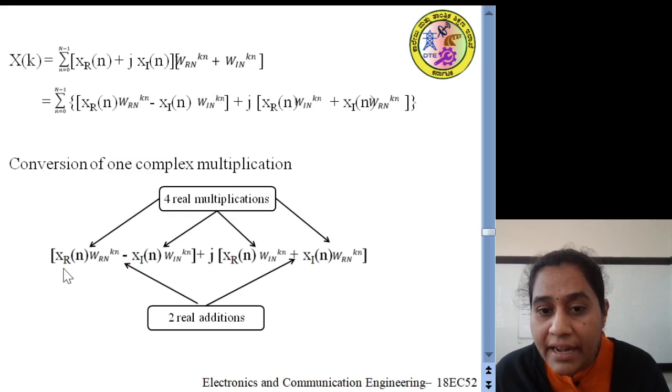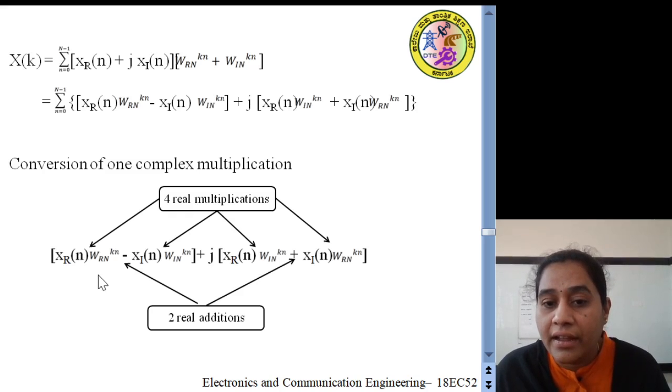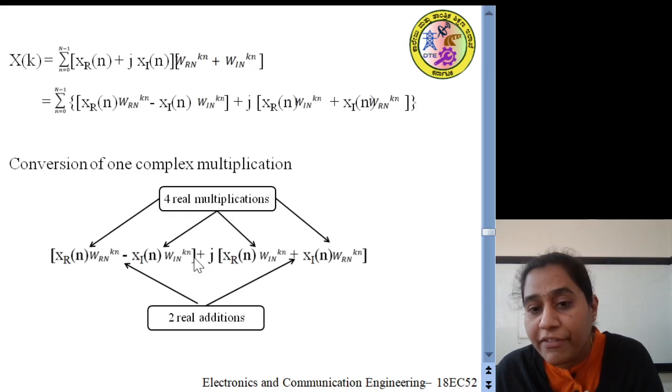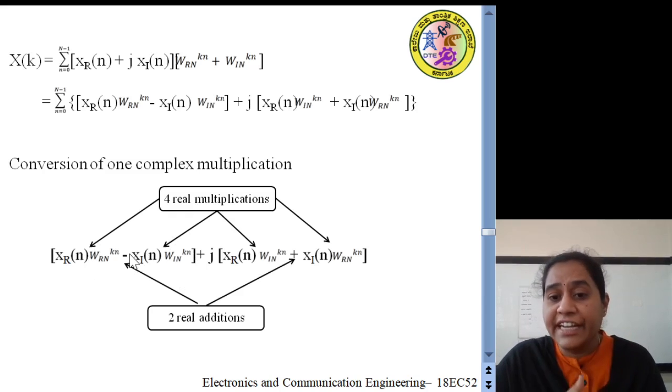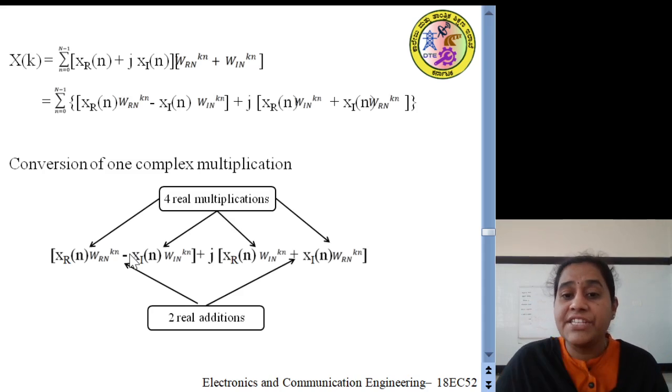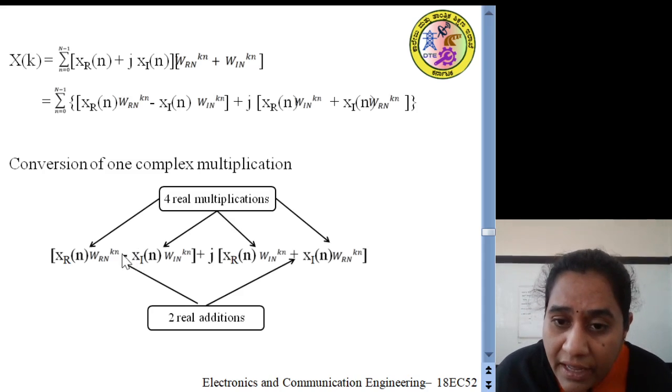We can observe here xr of n into wrn raised to the power of kn minus xi of n into win raised to the power of kn. So this subtraction means addition of negative values, so we can consider both addition as well as subtraction as addition itself. So this is one real addition.